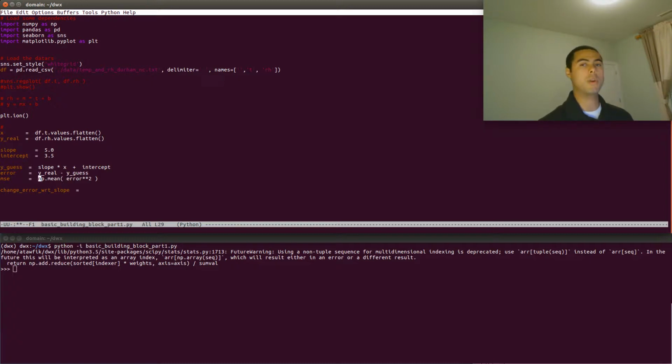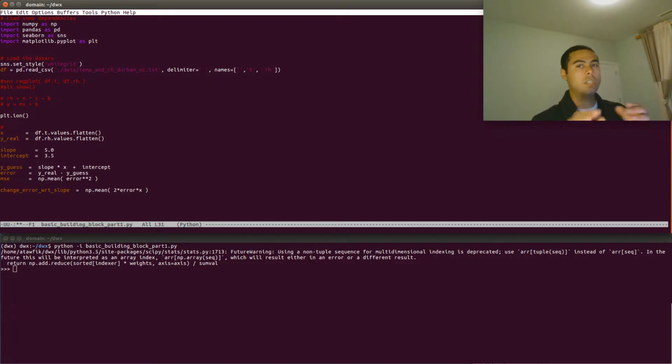Really it should be squared error. When you take the derivative of the error with respect to this slope value, what you get is an equation. I'm going to do the mean eventually. What you get is this inside equation: 2 times the error times x. That's for the slope.